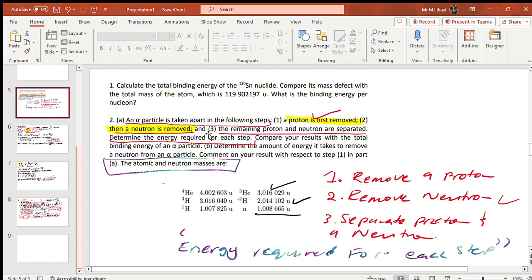Yes. So now from here, we are required again to remove a neutron. We removed a proton, right? And then we removed a neutron. Now we need to separate the remaining protons and neutrons.